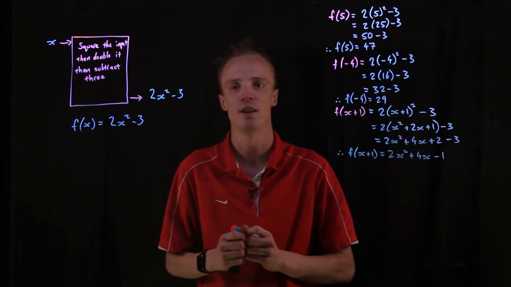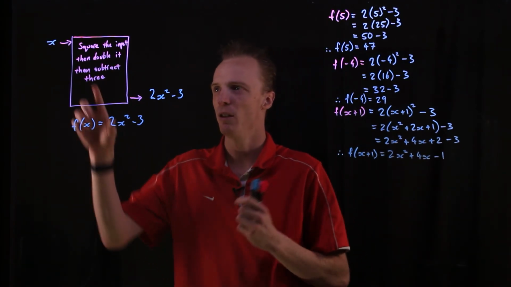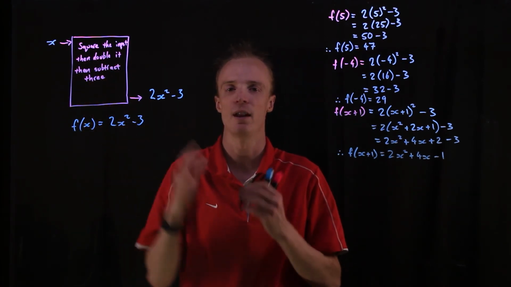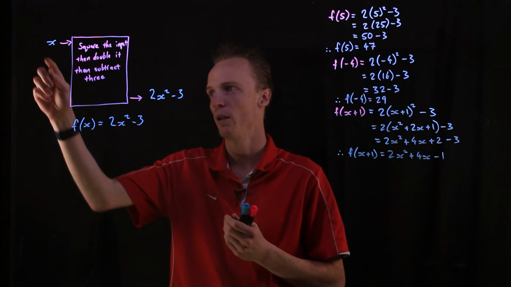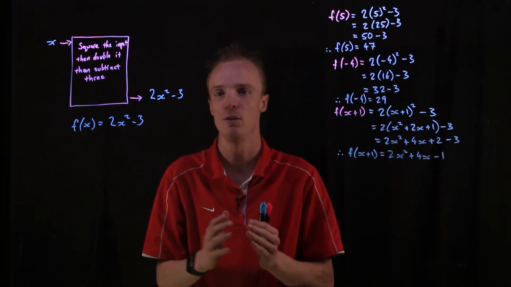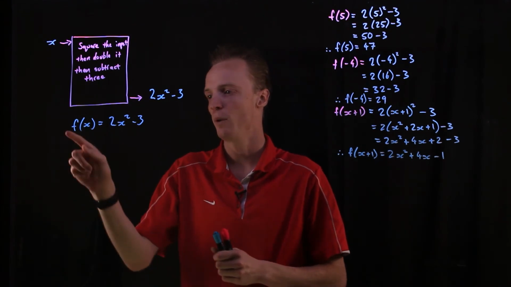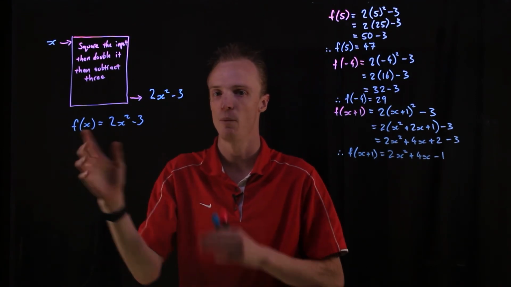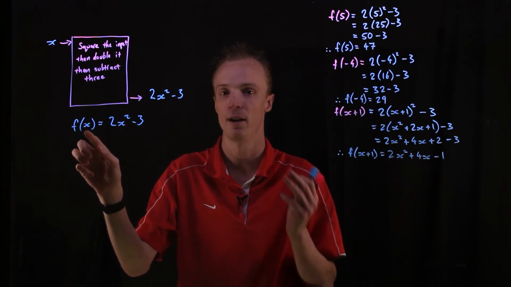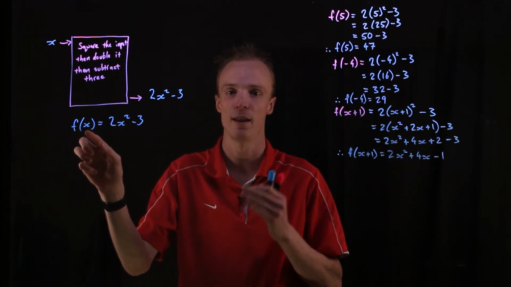So function notation is a little bit like a machine. It's going to perform the same function every single time to whatever input it's given, and it's going to output based on its input. We can represent it like this, and we pronounce this as the f of whatever's in the bracket, the function of my input.